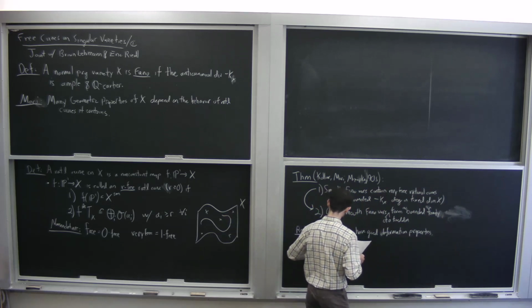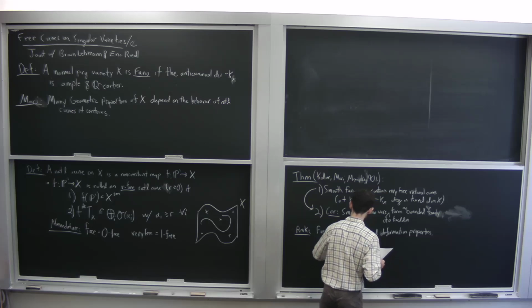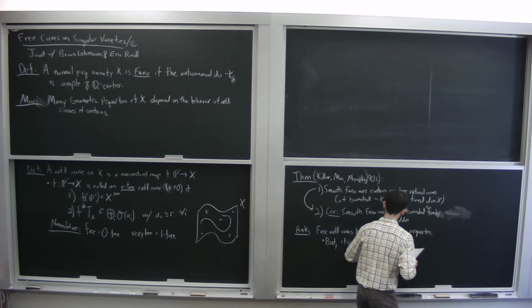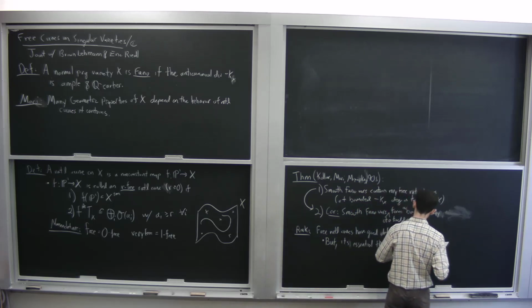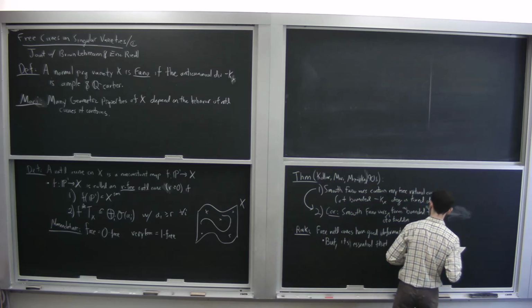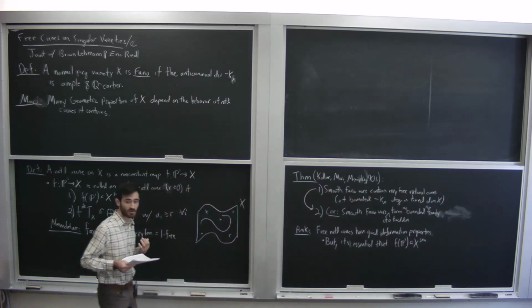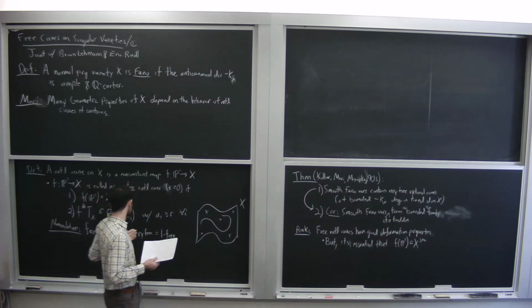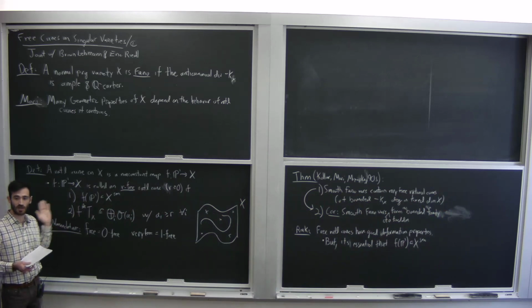But here, it's essential that the image of the map lie inside X smooth, right? We're really using this condition quite a bit when we say that these free rational curves have good deformation properties, right? Because, well, first, how do I even state a condition like this if I don't lie in the smooth locus?